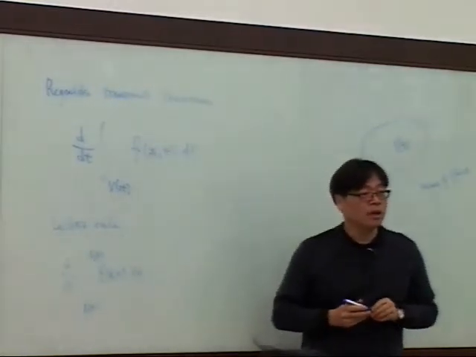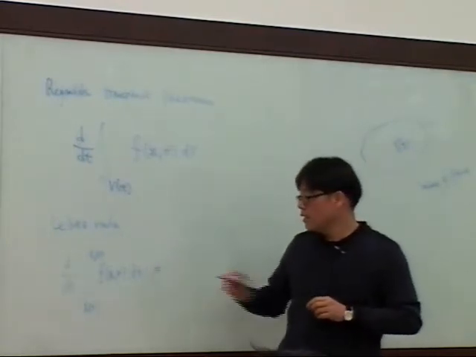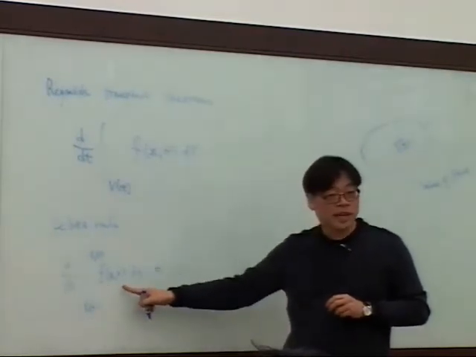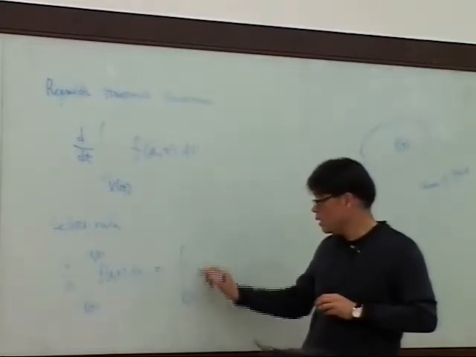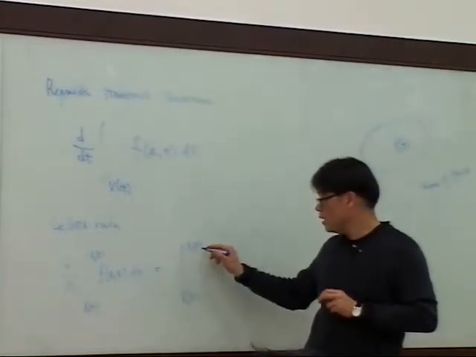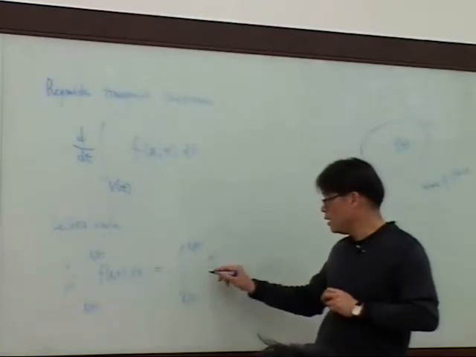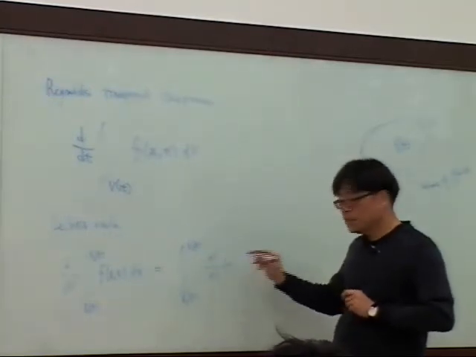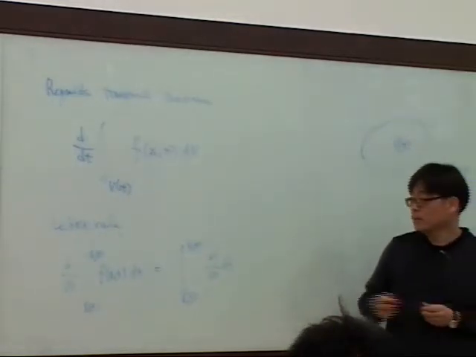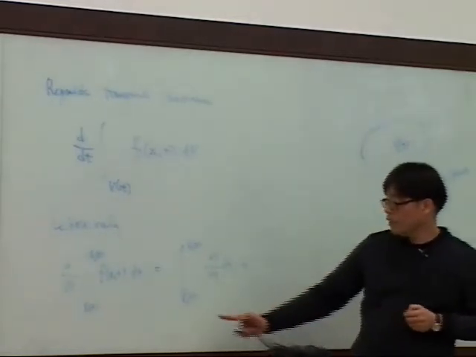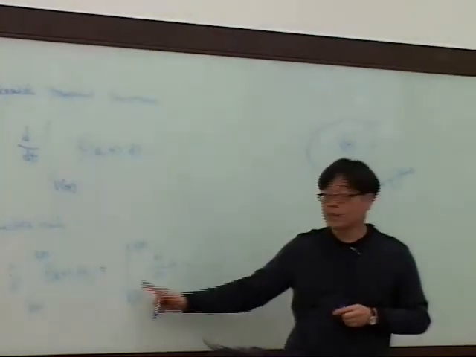Then what do we do? Of course, you take the time derivative, but that's not it. We have to take a time derivative of the integrand and also account for the limits.